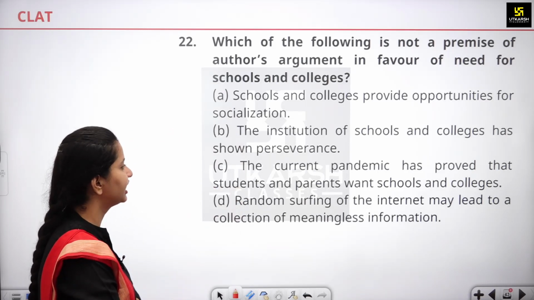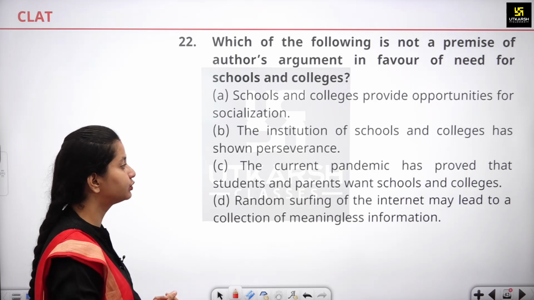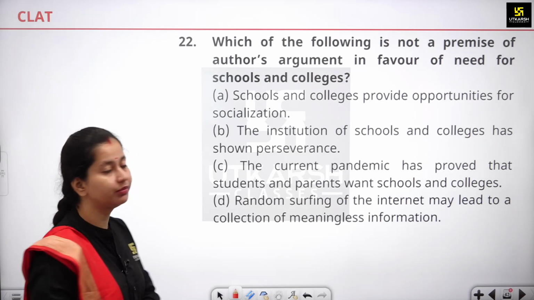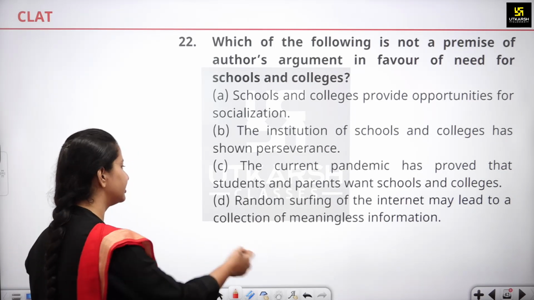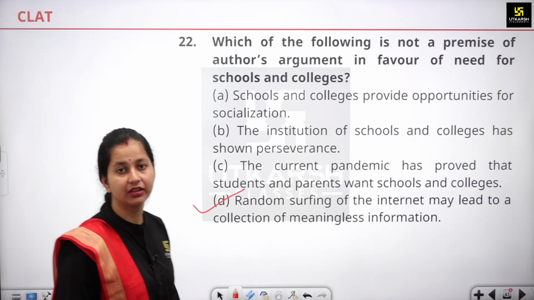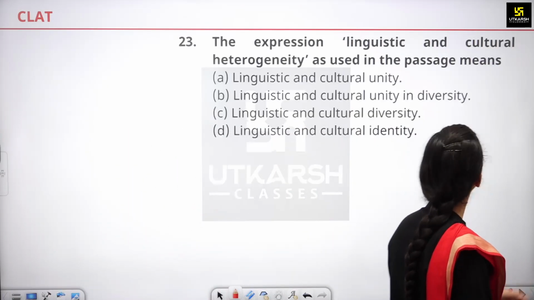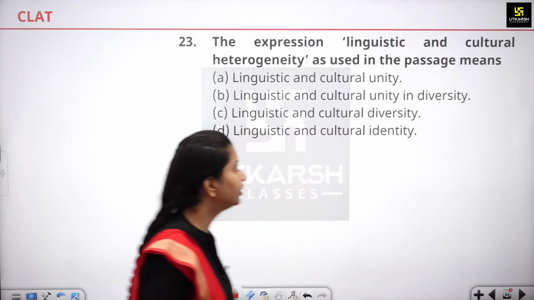The current pandemic has proved schools, students and parents want schools and colleges. The random surfing of internet may lead to collection of meaningless information. So correct answer is option D, because it is not the premise that school is needed; it is the need of the hour for schools and colleges.